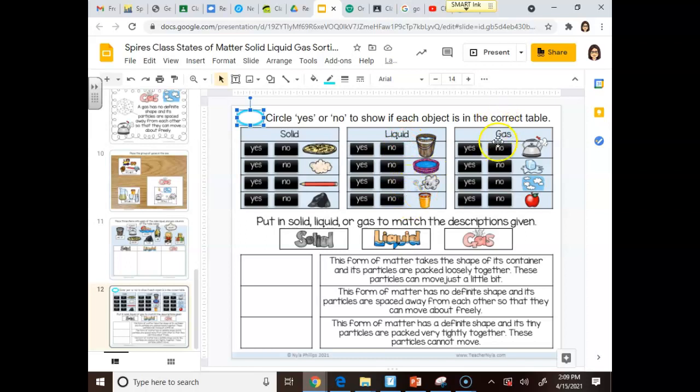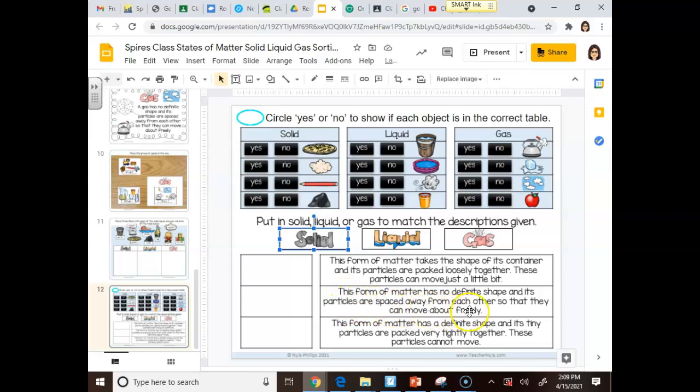You have a liquids column and a gas column. Then you have definitions, solid, liquid, and gas. You'll drag the word to the box it belongs in. So it says this form of matter takes the shape of its container, and its particles are packed loosely together. These particles can move just a little bit.